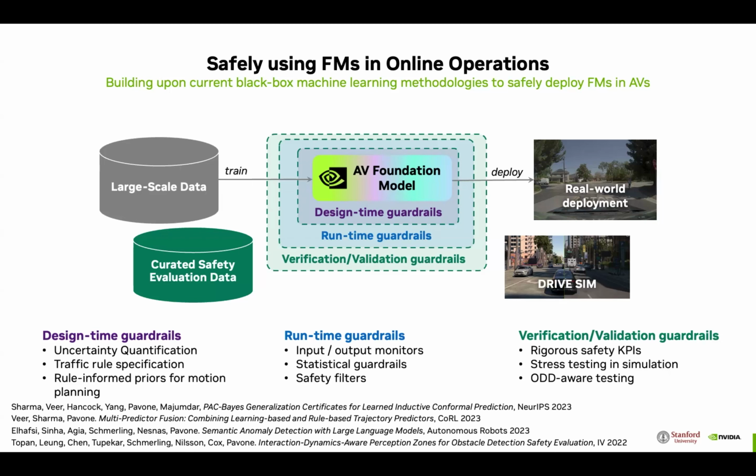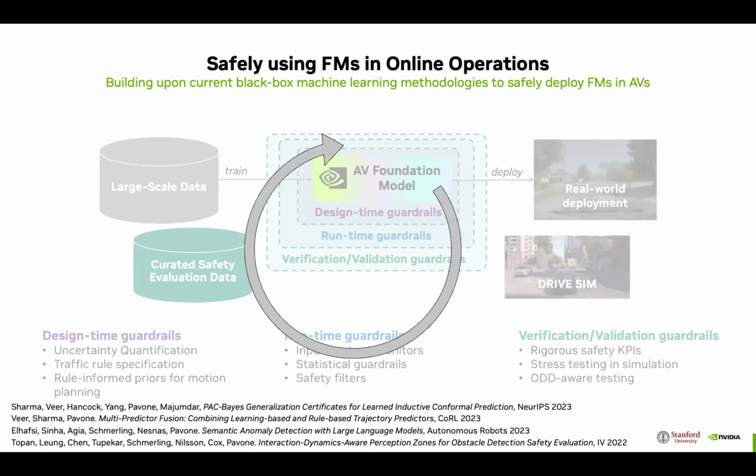Of course, safety is not a linear process, even though I depicted design time, runtime and validation time sequentially. It is actually an iterative process where you go from issues that you find to fixing the policy in a sort of safety data flywheel.